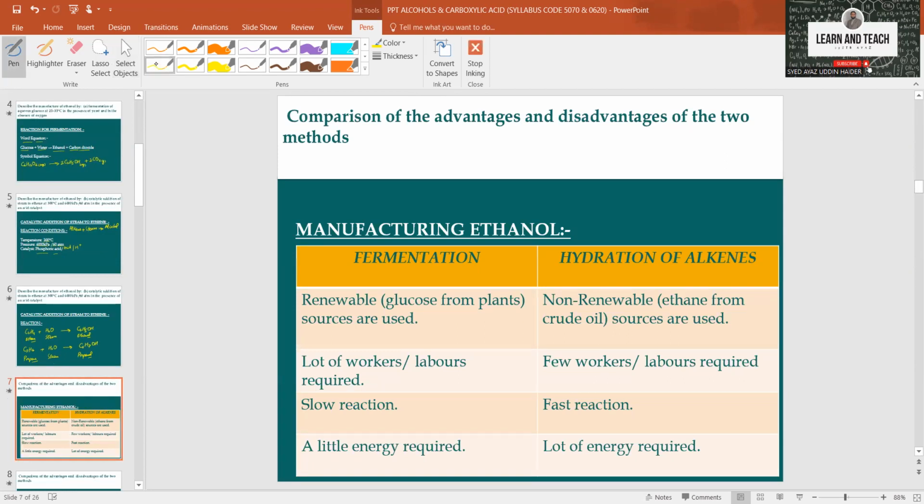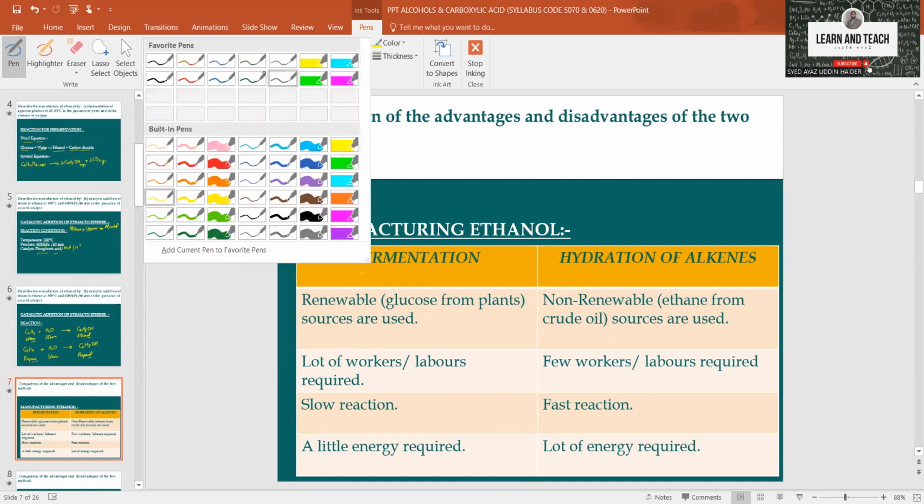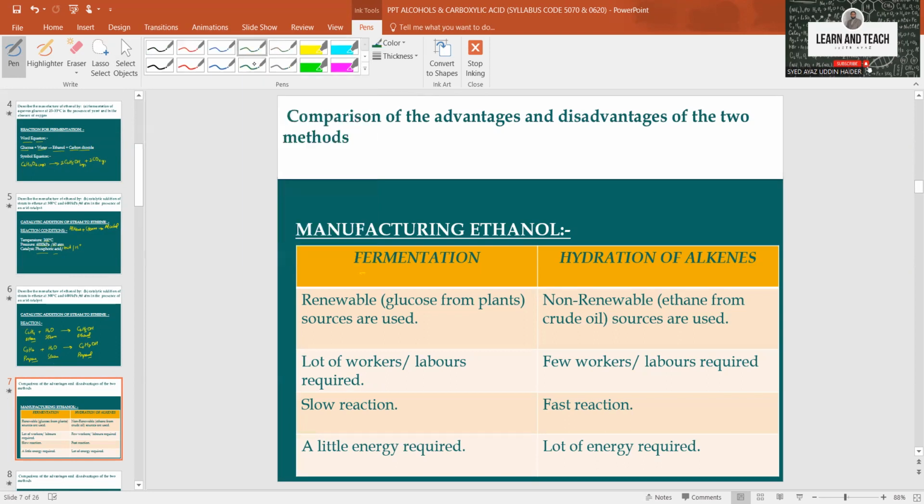Now let's talk about the comparison for the advantages and disadvantages of the two methods. Here we are having fermentation and hydration of alkenes. So in fermentation, we are using glucose, which is coming from plants. So it's a renewable source. What are renewable sources?